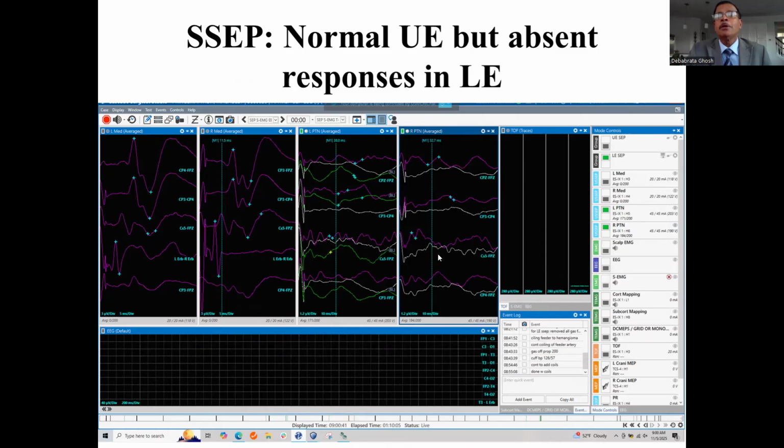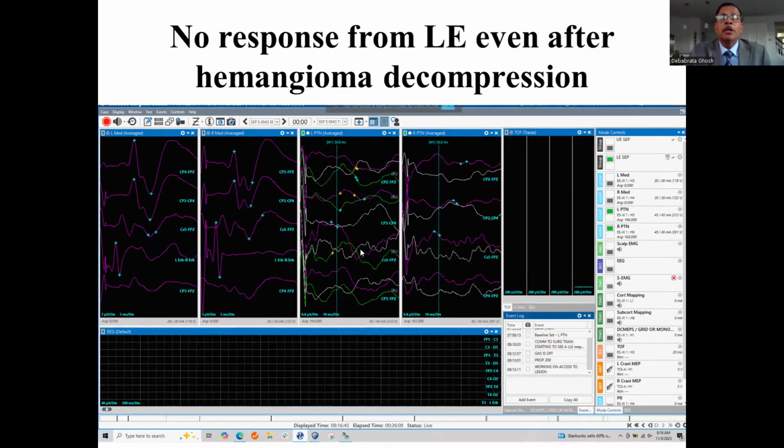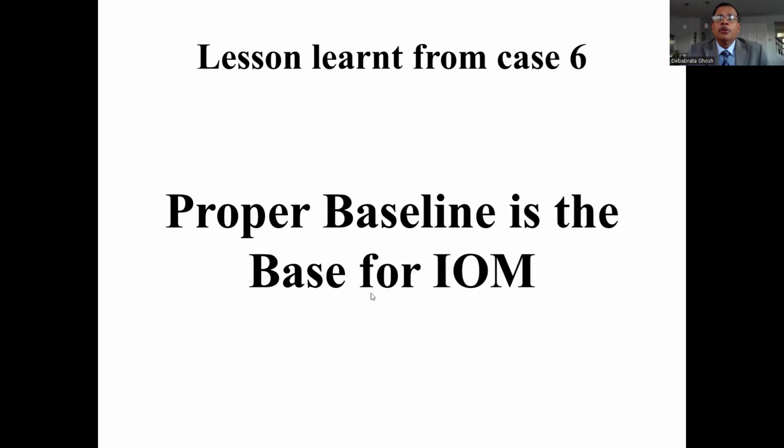Similarly, none of the other lower limb sensory responses were really obtainable. And then we thought maybe after the decompression is done, we may get the responses, but unfortunately, it didn't show up. This case also exemplifies that this monitoring was not really worth it because we did not have real monitorable data which can show changes. So proper baseline is the base for IOM. That's the lesson from this case.